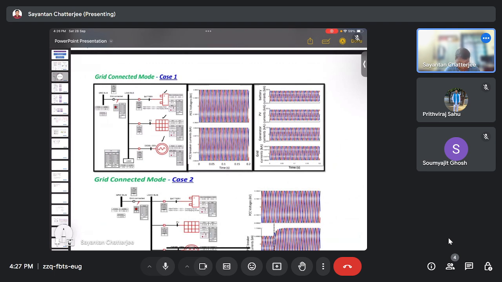And what we have is a grid bus which is feeding the load of 0.5 megawatt. Okay, rest are all off. They are not delivering any power to the grid.